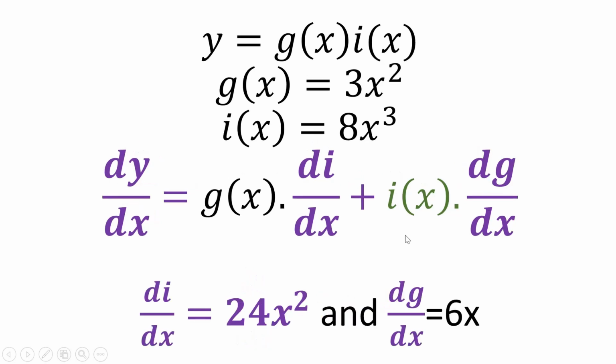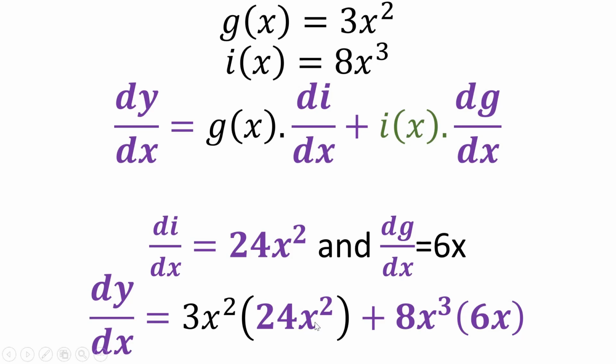When we do that, the derivative of j with respect to x will be 6x. So now we have all the values. So let's do substitution.